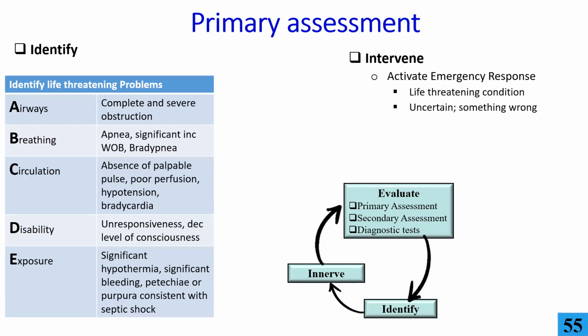So remember that the airway, is it maintainable, non-maintainable, or obstructed? Breathing, do you have apnea or increased work of breathing, or bradypnea? Circulation, okay, look at the pulses, the poor perfusion, hypotension, and bradycardia. Disability, level of consciousness, whether changed or unresponsive.